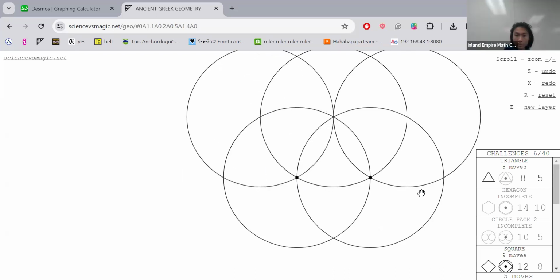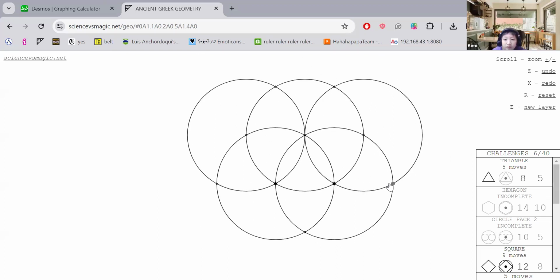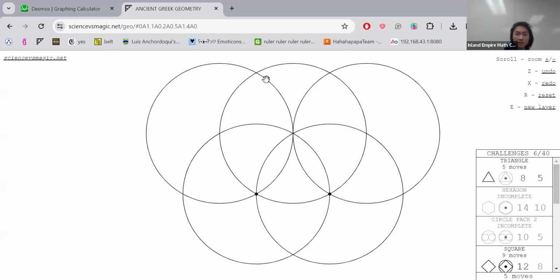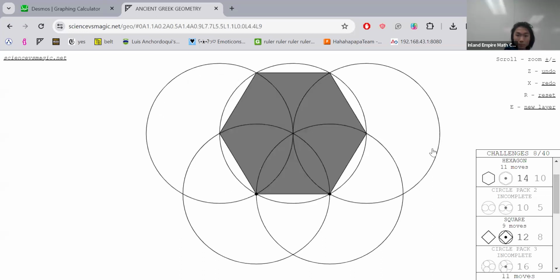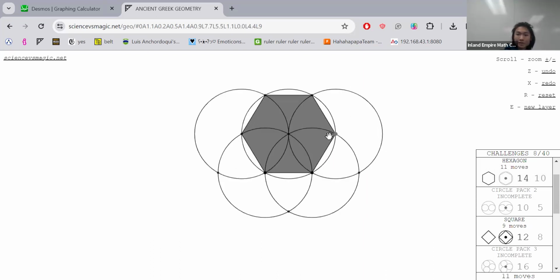And then you should be able to make the hexagon. So you see all the 6 points, right? You got it. All 6 points right here. We connect them up. And there's your hexagon. Good job. There you go. That was an 11 move hexagon. So really good. You got under the first barrier, 14 moves or less.